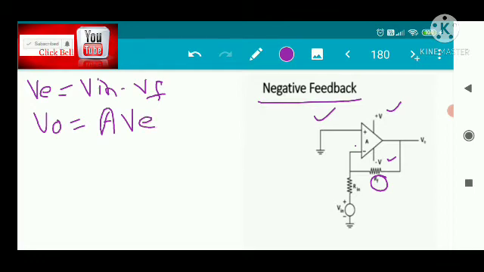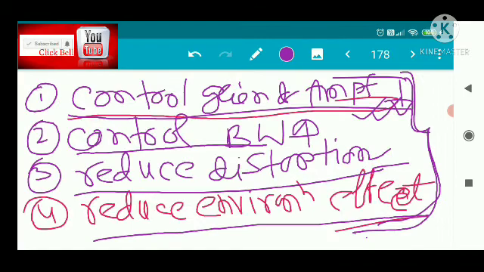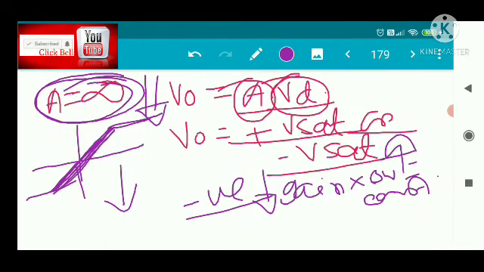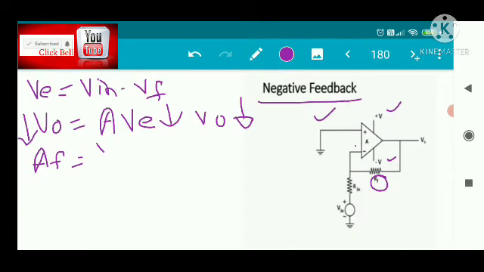As V reduces, V0 also reduces. So due to negative feedback, V0 is going to reduce. Now this is the gain, AF. The effect on this gain, AF, is equal to V0 divided by Vin.